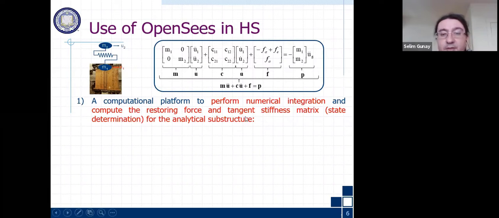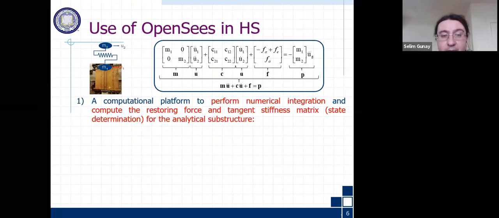I didn't show the tangent stiffness matrix there because explicit Newmark doesn't need that. But some other integration methods require a tangent stiffness matrix, so we also need the computational platform for that purpose. So this is the first component.